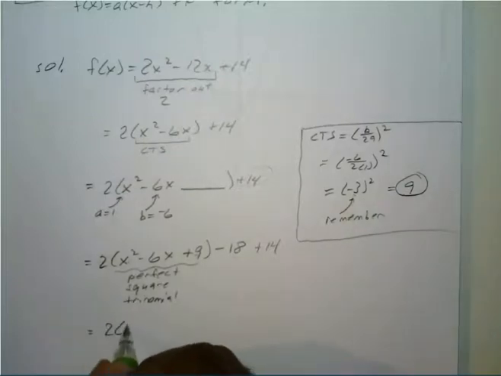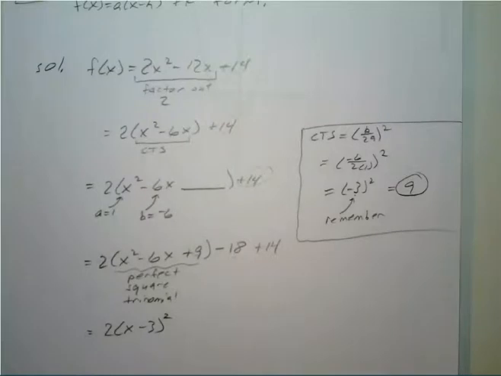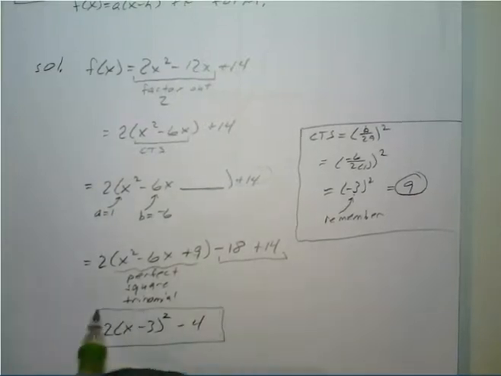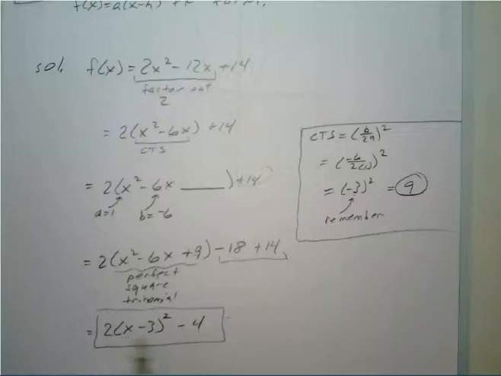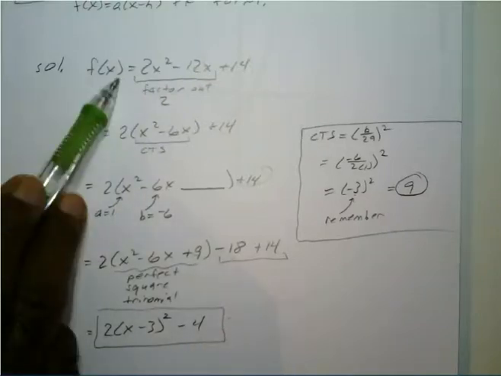This shows this is 2 times x minus 3, don't forget your squared. And then we're going to combine these two, which is minus 4. So we know that this is equal to this. It's just a different form. So again, if you get x minus 3 squared and FOIL it out and then multiply 2 to each term and combine your like terms, you will end up with this.